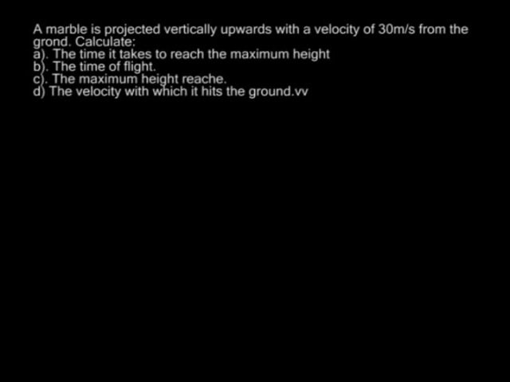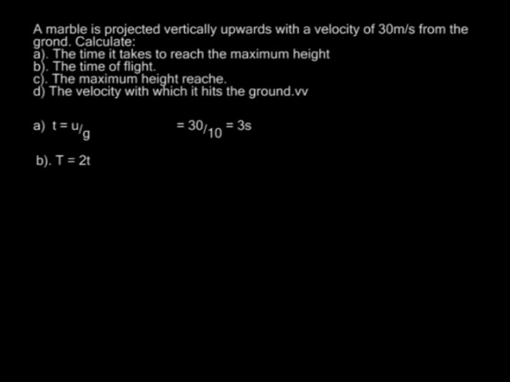In the solution for A, time taken to reach maximum height is given by t is equal to u over g, which is equal to 30 over 10 and is equal to 3 seconds. B, time of flight is given by t is equal to 2t.